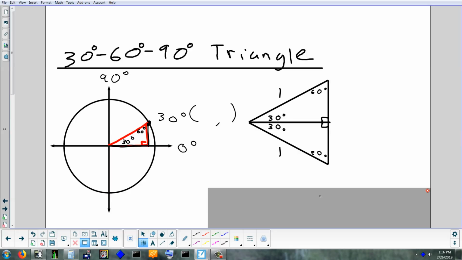Right. Every side in this big triangle is the same, and it means that all the sides are what? They're all 1. So we know this side is 1. That's not that great. This side is 1. But more importantly, this side is 1. So what does that mean?